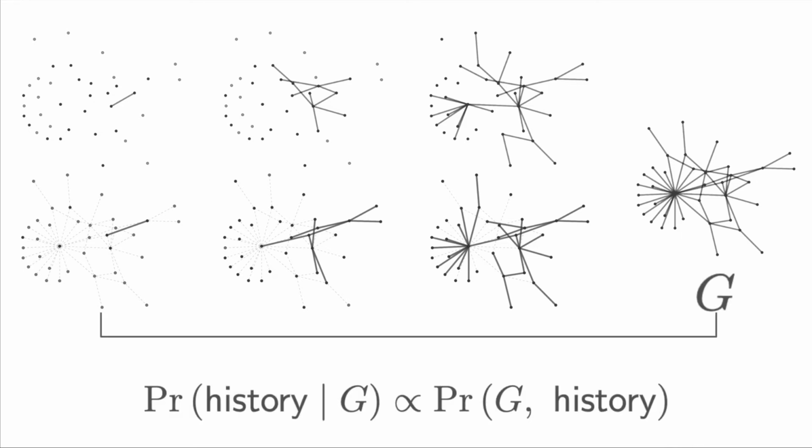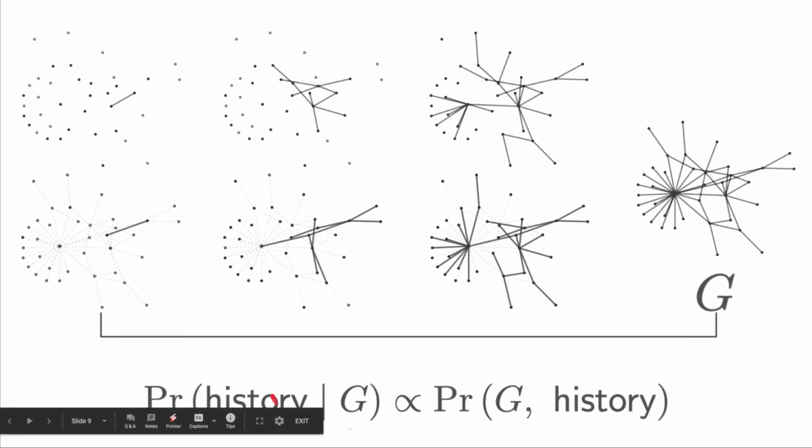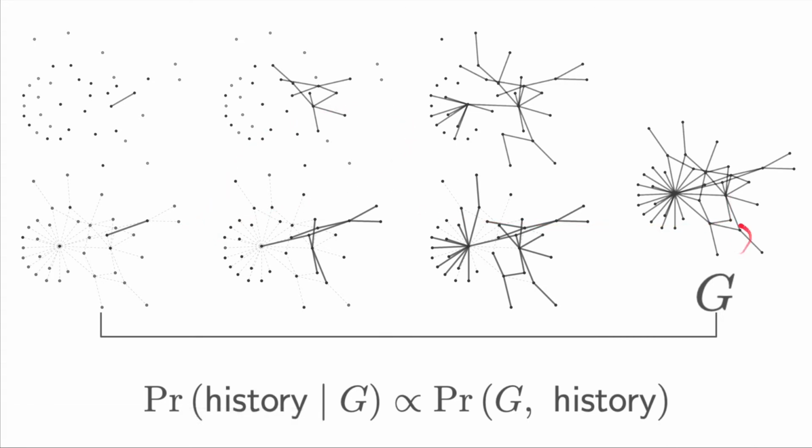Okay, so taking a Bayesian approach here is useful, and the idea is we can use Bayes' rule to assign probabilities to the histories conditioned on the network we see at the end. Okay, and so the idea is we can weight each of the possible histories by its probability under the model. And of course, in practice, there are too many possible histories to do this exhaustively, but we can use Markov chain Monte Carlo to do this approximately.